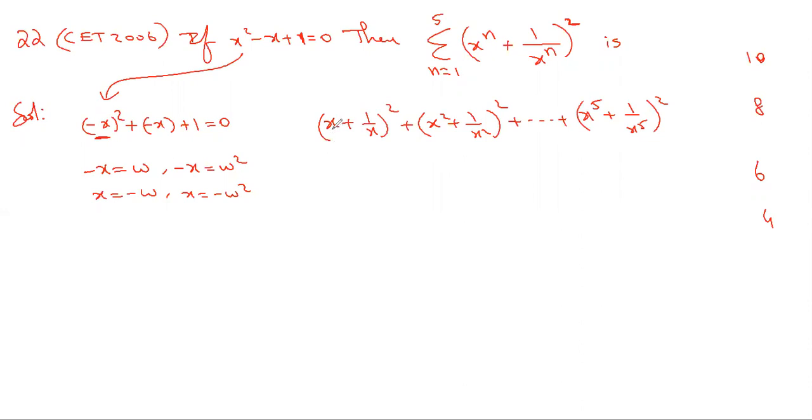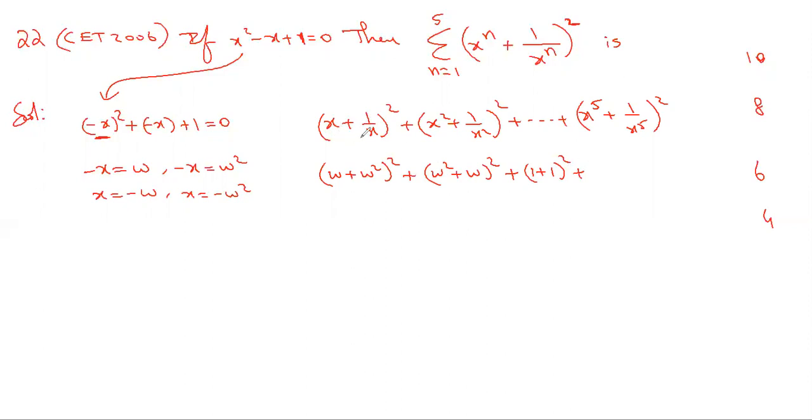So if you simplify this, this is (omega plus omega square) the whole square, since 1 by omega is omega square, plus (omega square plus 1 by omega square, which is omega) the whole square. Next, omega cube plus 1 by omega cube. So omega cube is 1, and 1 by omega cube is 1. Next, omega power 4 plus 1 by omega power 4.